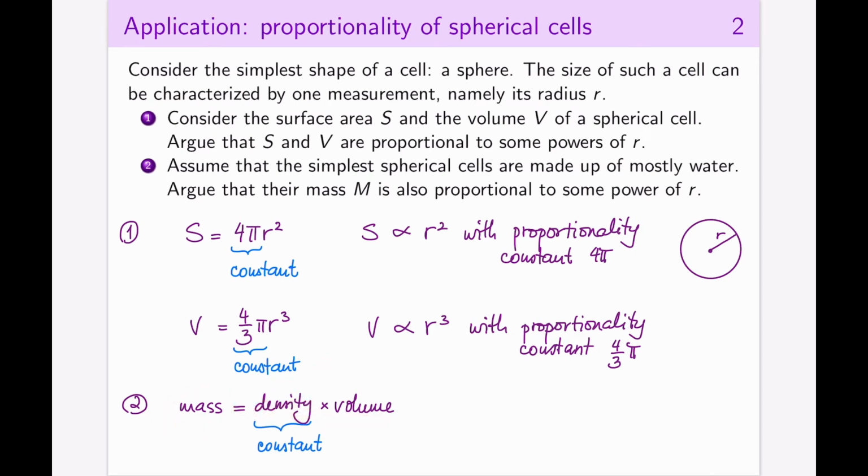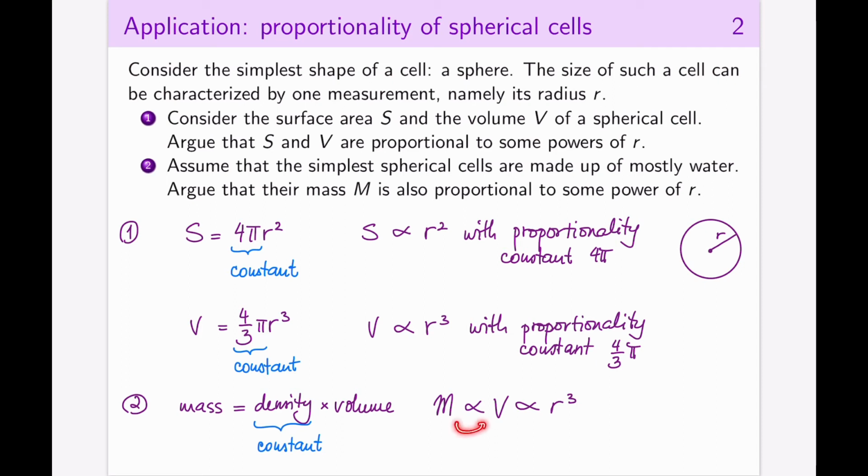Let's record that. Mass is m. So let's say capital M is proportional to the volume, which is our capital V. But we have just shown that volume is proportional to R cubed. So we can create this kind of chain of proportionalities.